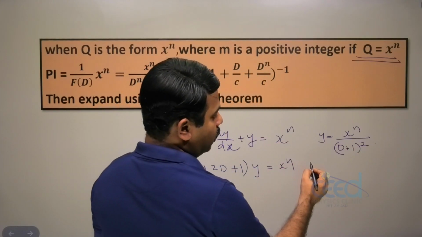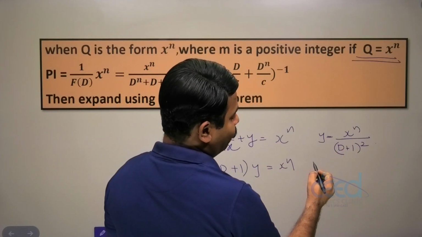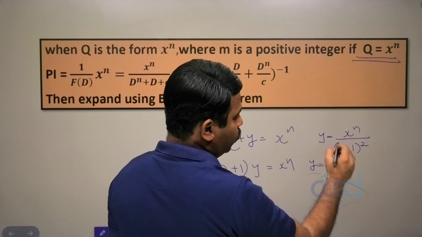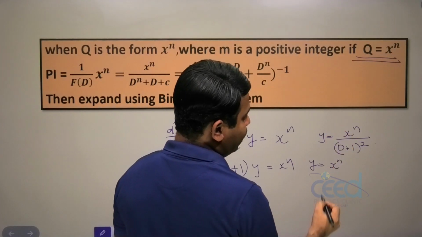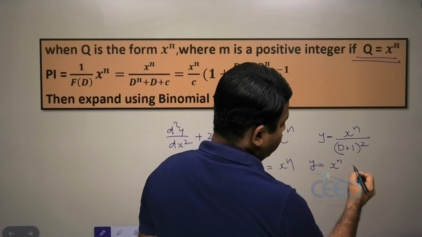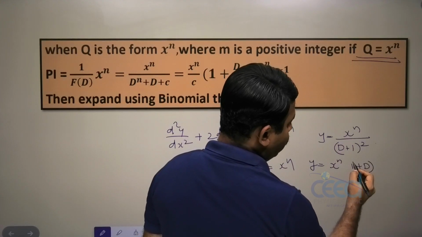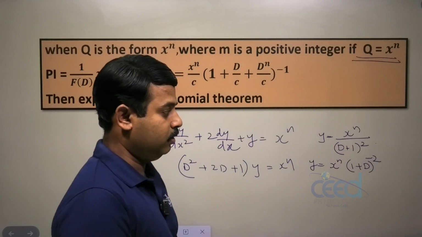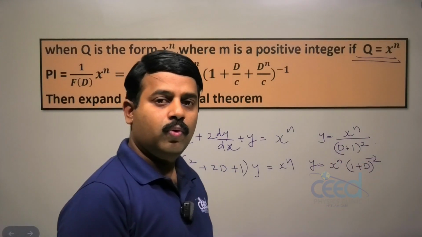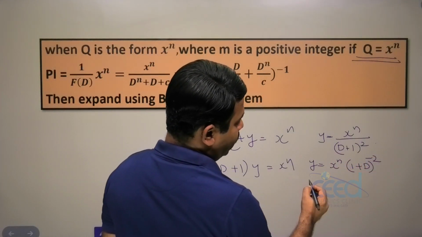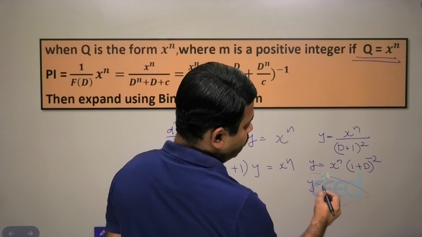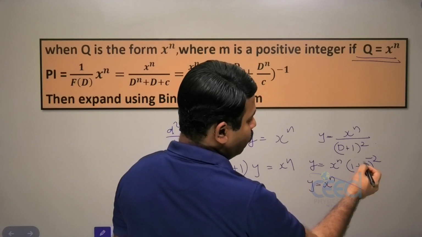Now you write this as y equal to x raised to n into 1 plus d whole raised to minus 2. Now 1 plus d whole raised to minus 2, you can expand using the binomial theorem.